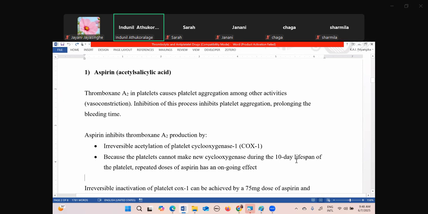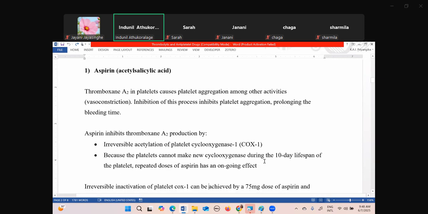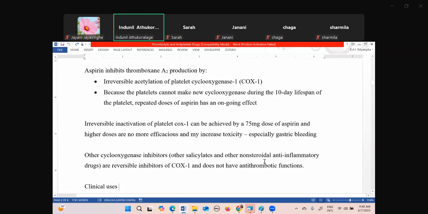So the new platelets and new cyclooxygenase will be produced after 10 days. So irreversible inactivation of platelet COX-1 can be achieved by this. We have talked about how high doses are no more efficacious and may increase toxicity, especially gastric bleeding.